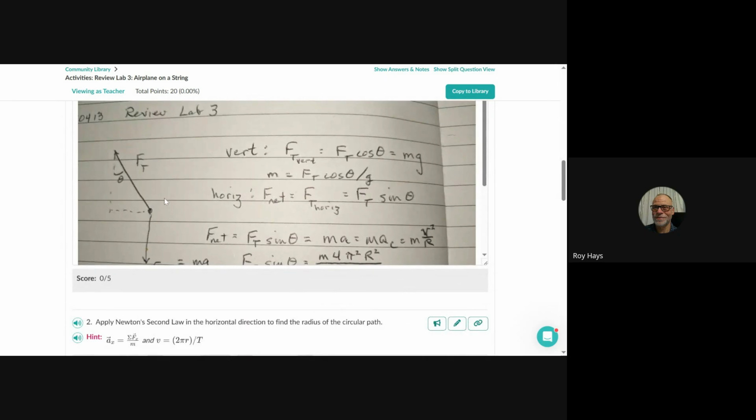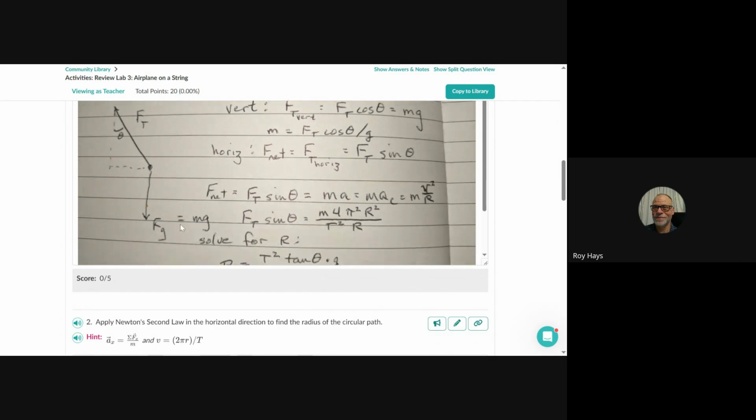Looking at the vertical direction, I see that the vertical component of the tension force is equal to the gravitational force downward.